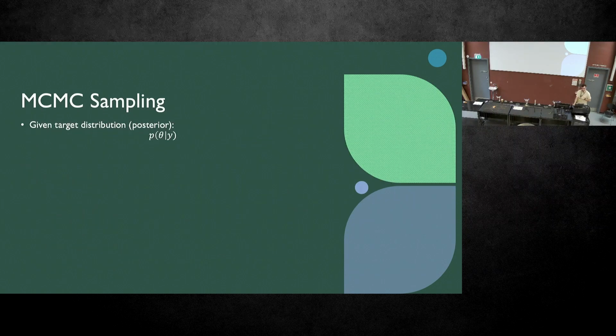To put it in more concrete terms, given our target distribution, our posterior that we would like to estimate, what we do is estimate our Markov chain. We take n sequential samples. We start with our proposal, we get another one and another one.